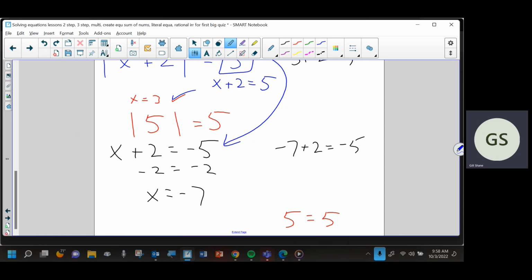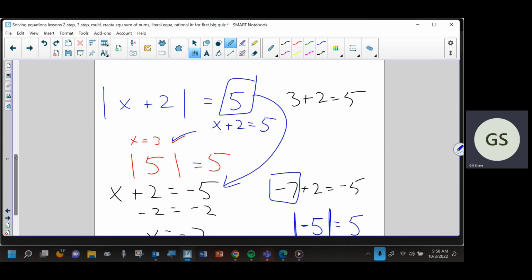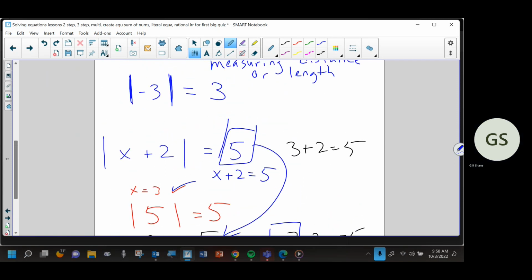If you'll notice, when I plug negative 7 into the original equation, x, negative 7 plus 2 equals negative 5. But remember, we have the absolute value signs around that in the original equation. So the absolute value of negative 5 is 5, which is what is on the right side of the equation right here.